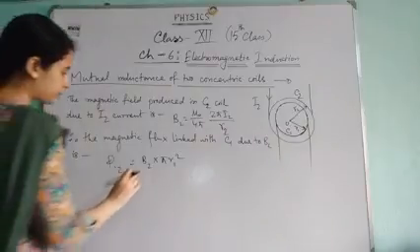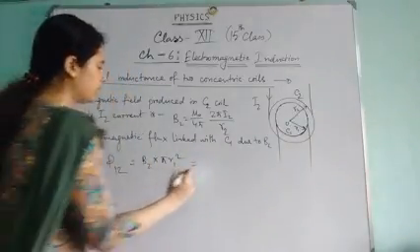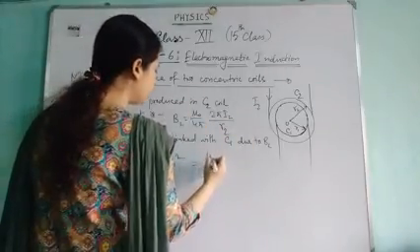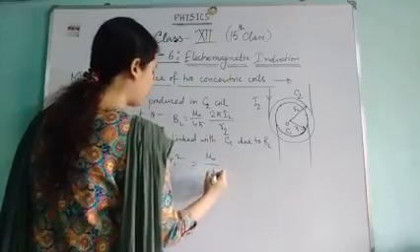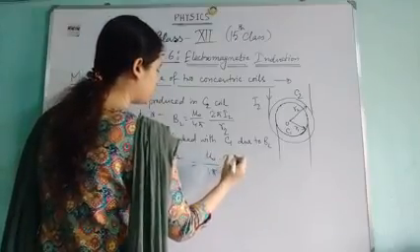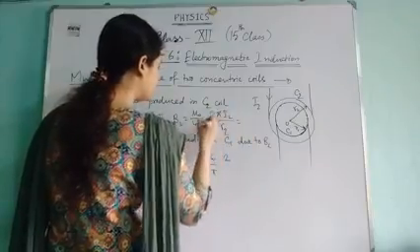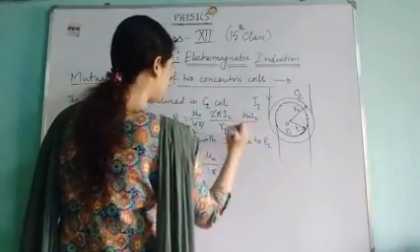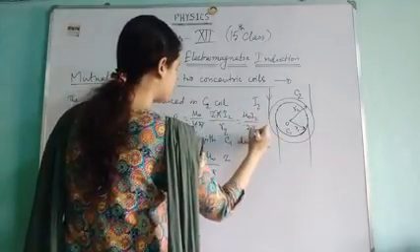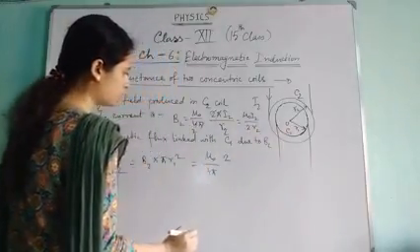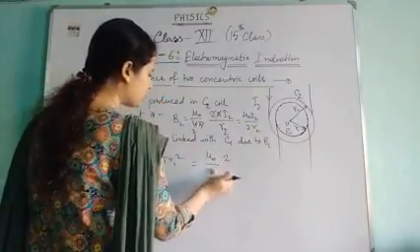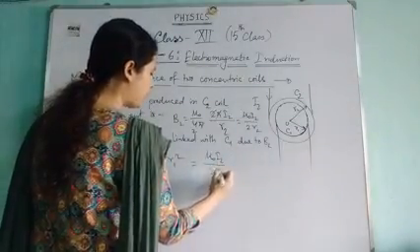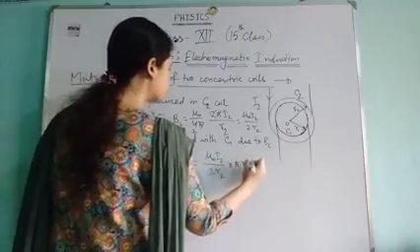And if I replace mu 0 by 4 pi, this can be written as mu naught I2 by 2R2 into pi R1 squared.